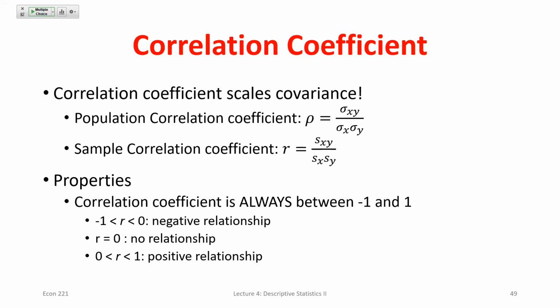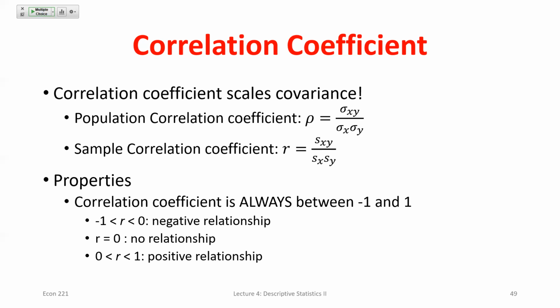So 1 would be, is there a perfect correlation between these two variables? Is there essentially a 1-to-1 increase in these two variables? -1 would be the most extreme negative, like as x goes up, y goes down by that exact same amount, a perfect negative relationship.